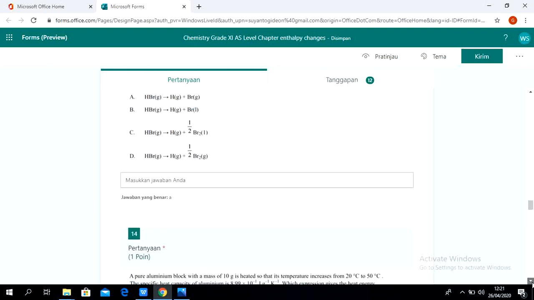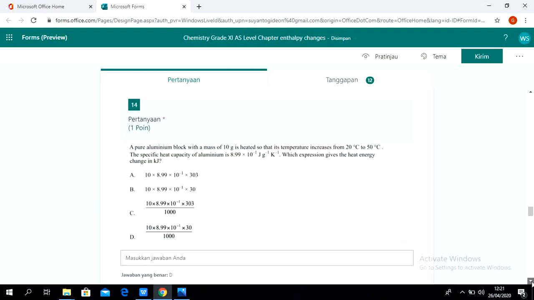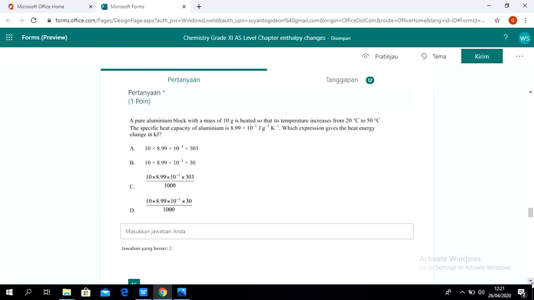Next number. A pure aluminum block with a mass of 10 gram. So mass is 10 gram. Temperature difference is 30 degrees Celsius. And the value of C, the specific heat capacity of aluminum, is this much. Which expression gives the heat energy in kilojoule? Remember, this is in kilojoule.